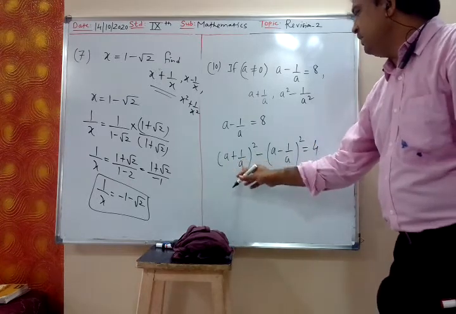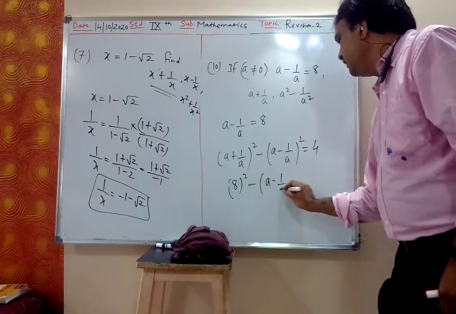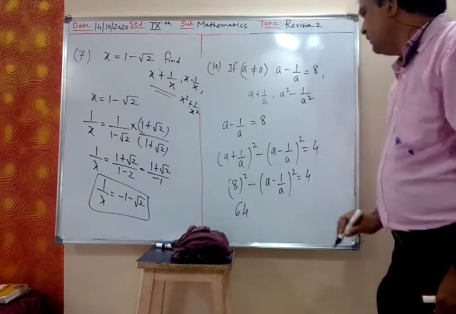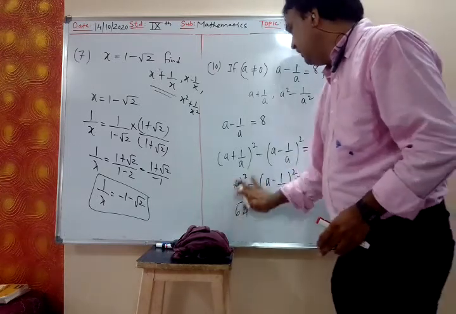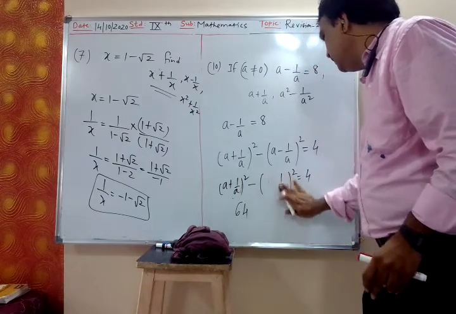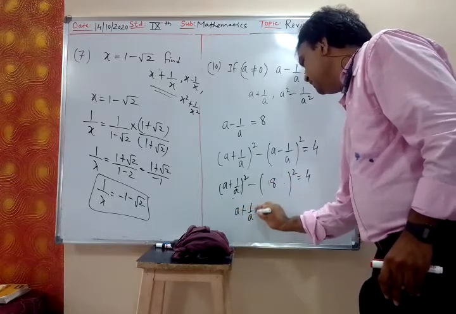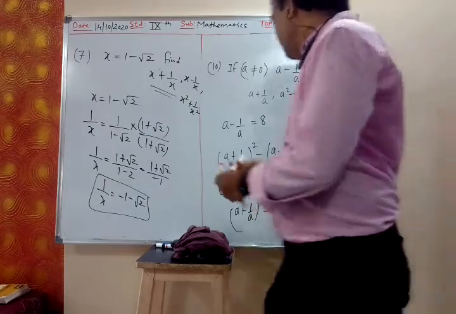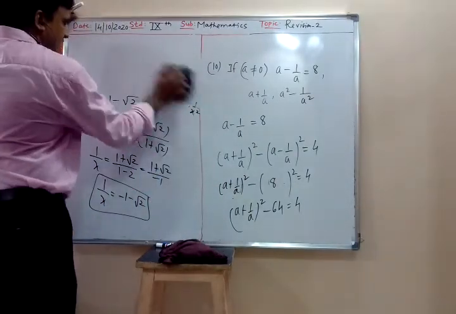So now I will write a minus 1 upon a is 8, 8 square is 64. So a plus 1 upon a whole square minus 64 is 4. So you will get a plus 1 upon a whole square is 4 plus 64, 68.